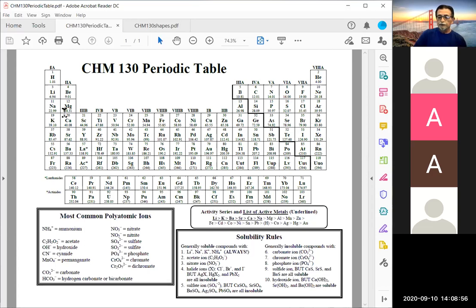The metals over in the far left, groups 1 and 2, it's much easier for them to lose electrons and become electronically the same as the noble gas behind it. So sodium, by losing 1 electron, has the electron configuration of neon, okay? And that's important. It does not become neon. It has the same electron numbers as neon.